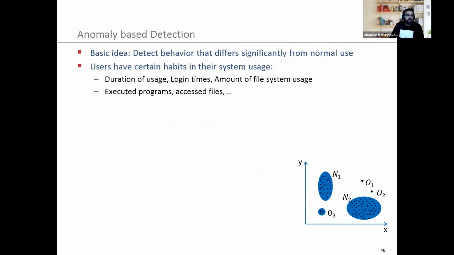Moving forward, for anomaly-based detection mechanisms, the basic idea is to detect behavior that differs significantly from normal use. For that, you need to know what is normal, right? Users have certain habits in their system usage, such as duration of usage, login times, amount of file system usage, and so on. A very good example is when you have used TeamViewer or Google accounts from a location that is not the Philippines.